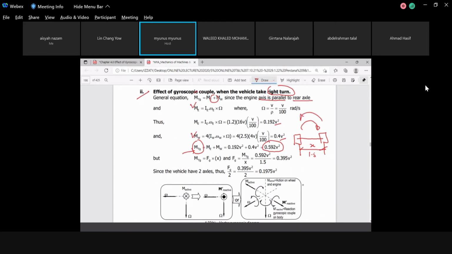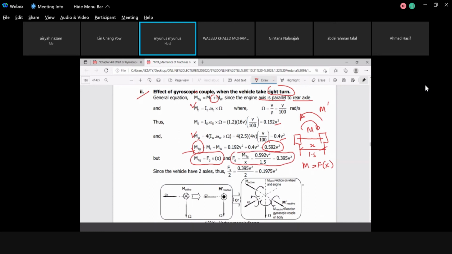It doesn't matter, but the magnitude is what we are concerned with. So you have M equal to F, and we do not know where F is, multiplied by x. Then you simplify.